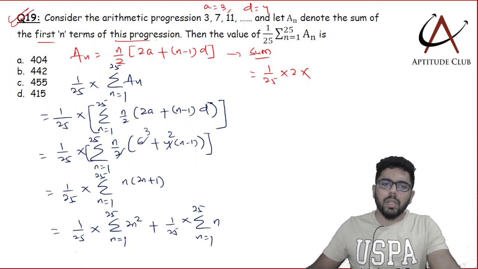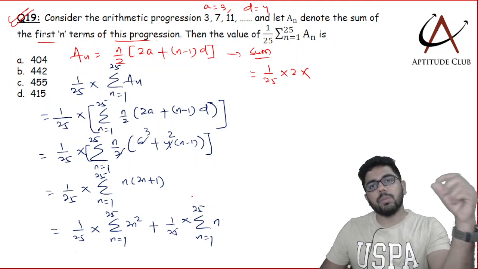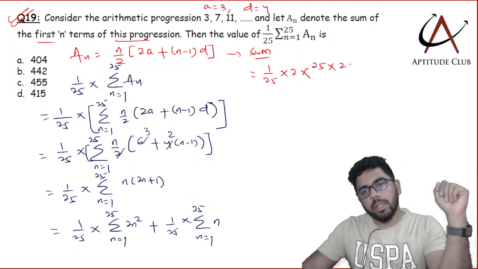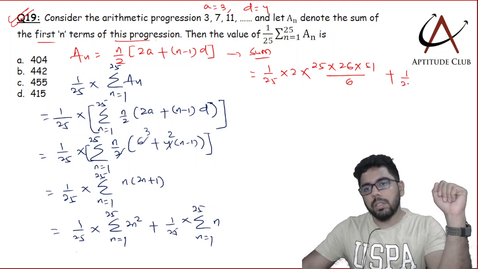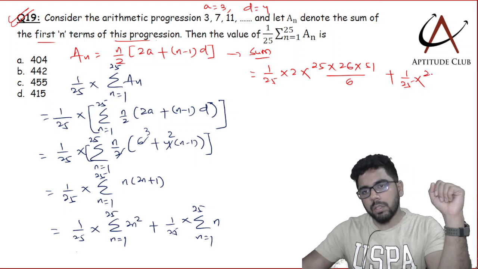So summation of 1 till 25 n square. That means 1 square plus 2 square plus 3 square till 25 square. So the formula is n into n plus 1 into 2n plus 1 by 6. And here it is 1 by 25. Summation of first 25 natural numbers, n into n plus 1 by 2. So 25 into 26 by 2.